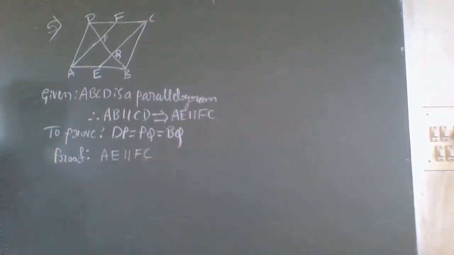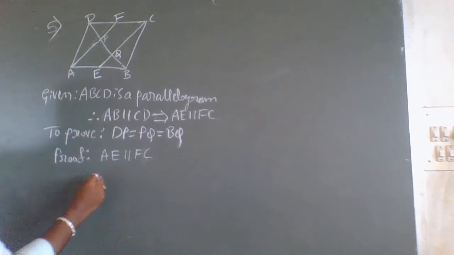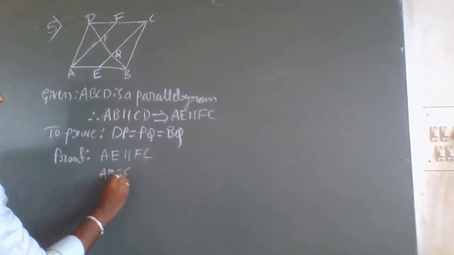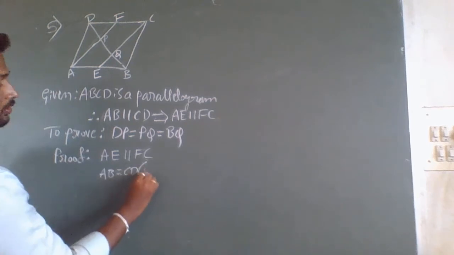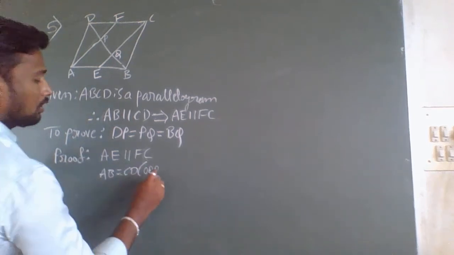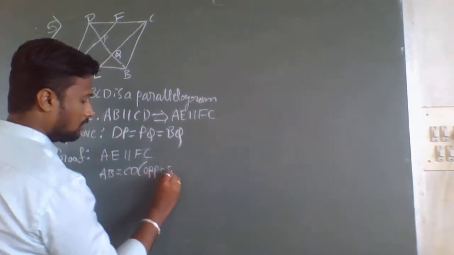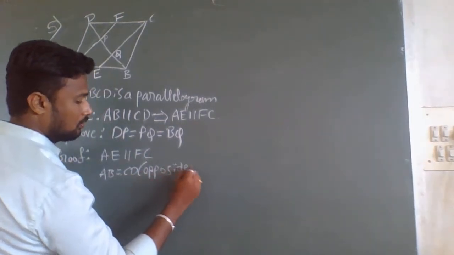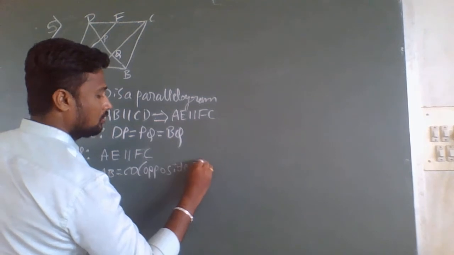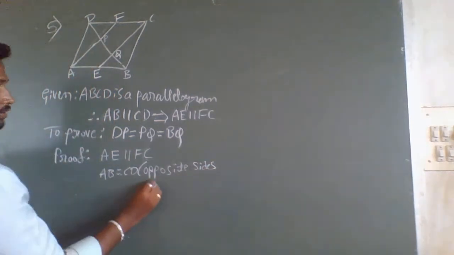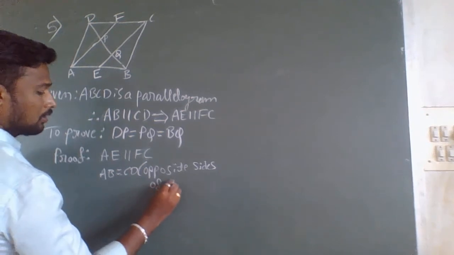We proved here AE is parallel to FC, and again we know that AB is equal to CD. Why? Opposite sides of a parallelogram are equal.